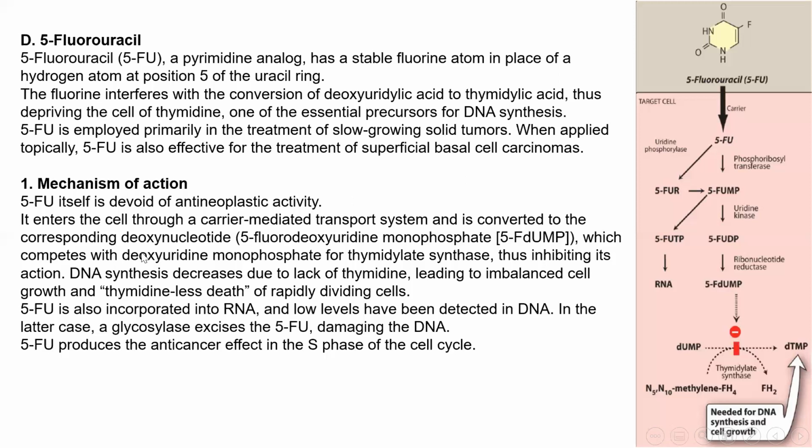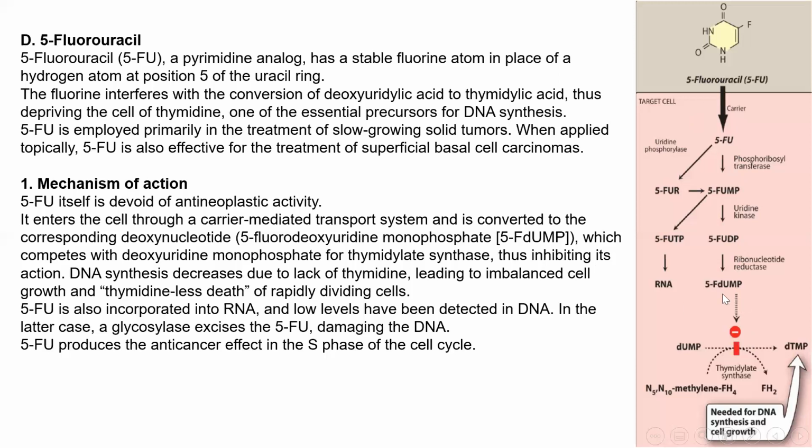Regarding the mechanism of action, 5-FU itself has no antineoplastic activity. However, when it enters the cells, it is converted by sequential steps by different kinases and enzymes, finally to 5-FdUMP, which means 5-fluorodeoxyuridine monophosphate.